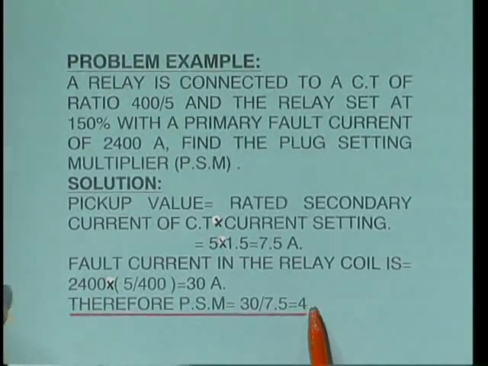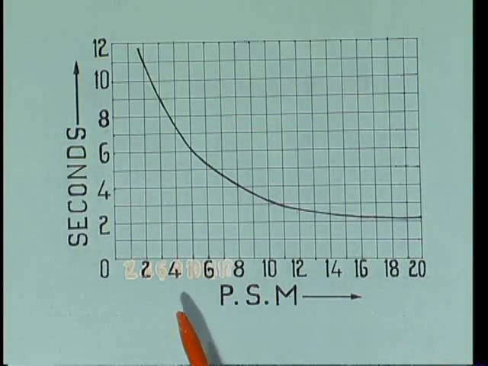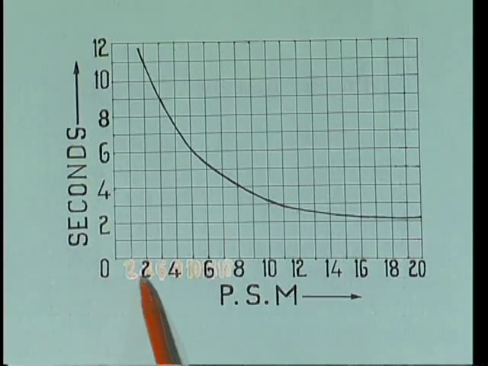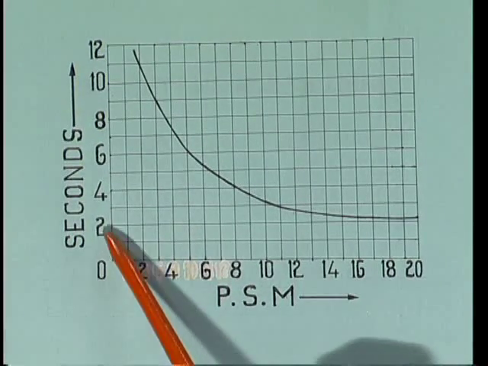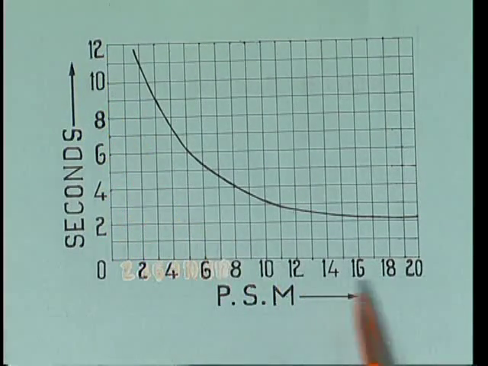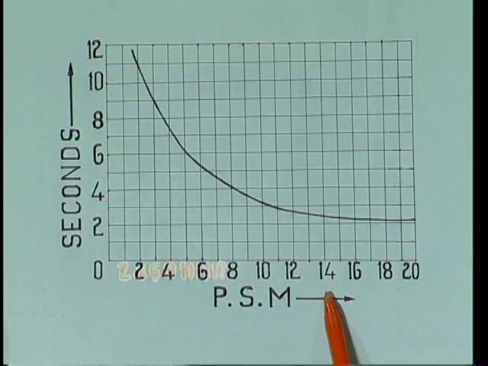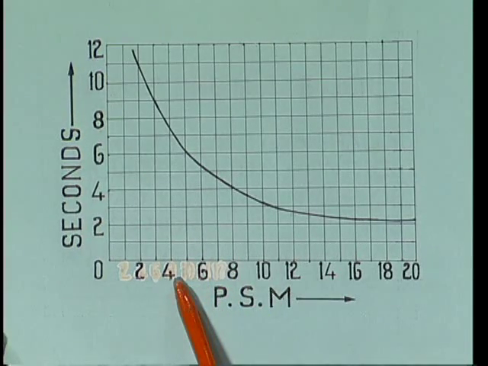For this purpose there is also one graph. You see the graph of the plug setting multiplier with respect to the time of operation. The plug setting multiplier is along the x axis and the time of operation is along the y axis. As we already found, the plug setting multiplier is 4.